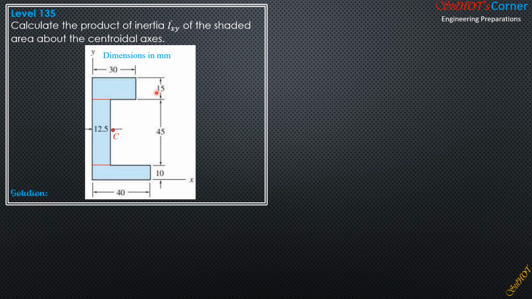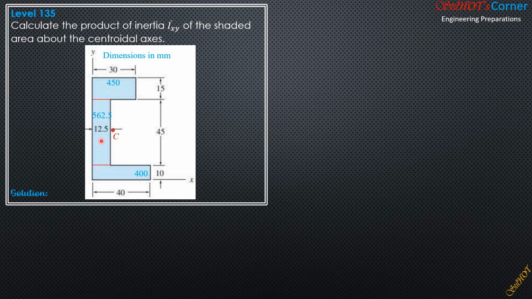So 30 times 15 is 450, 45 times 12.5 is 562.5 mm square, 40 times 10, 400. So bar x is 15 for this area, bar y is 10 plus 45 plus 15 over 2, so 62.5 bar y.